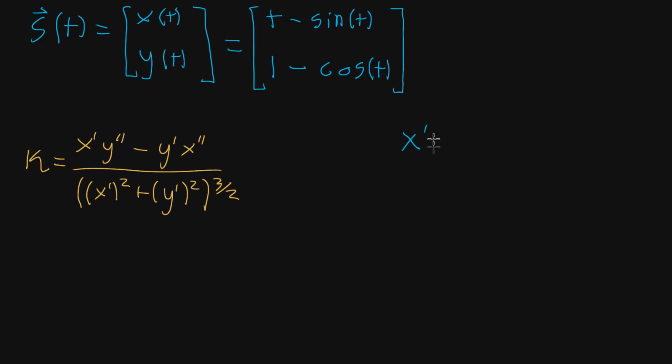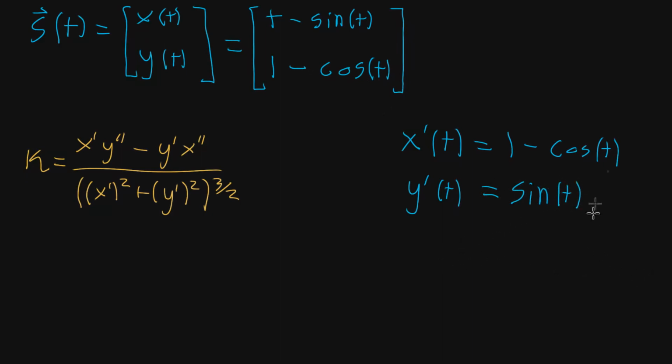So the first derivative of x of t, which is t minus sine of t, is 1 minus cosine of t. And the derivative of the y component, 1 minus cosine t, y prime of t, is going to be the derivative of cosine is negative sine, so negative of that is sine, and that 1 goes to a constant.